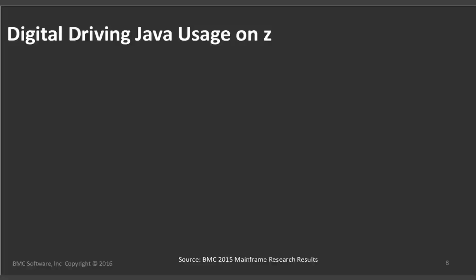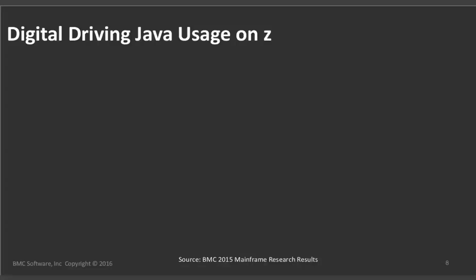So there were some questions in the survey about Java. And it was interesting to see that 93% of the respondents have Java running on the mainframe. About half of them say that it's flat or steady, small amount of growth. And about half of them say that it's growing at more than 10%.